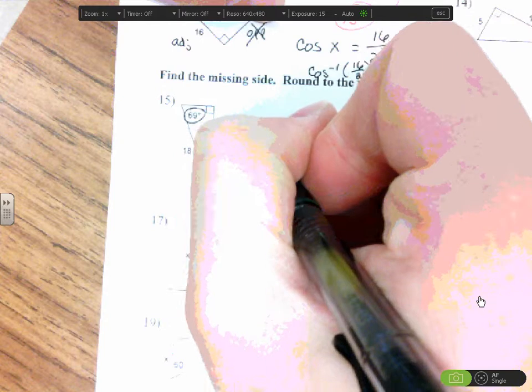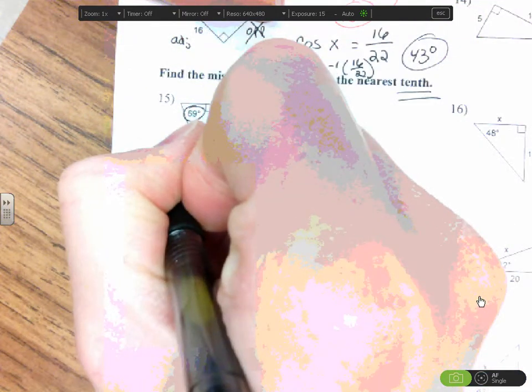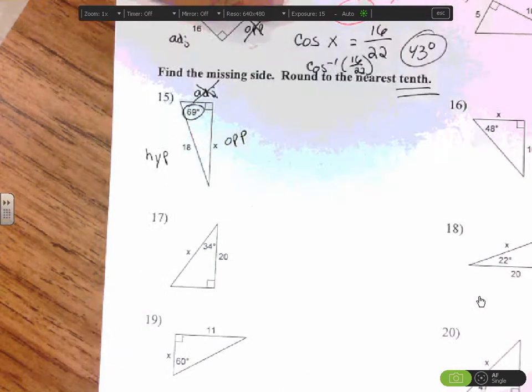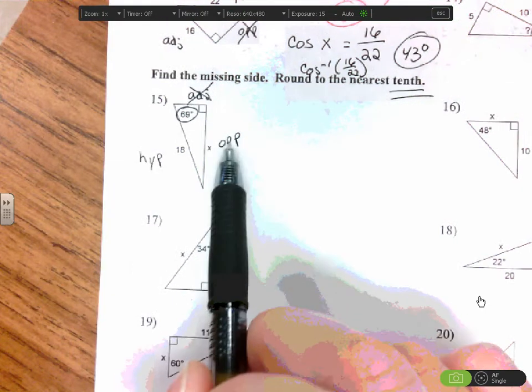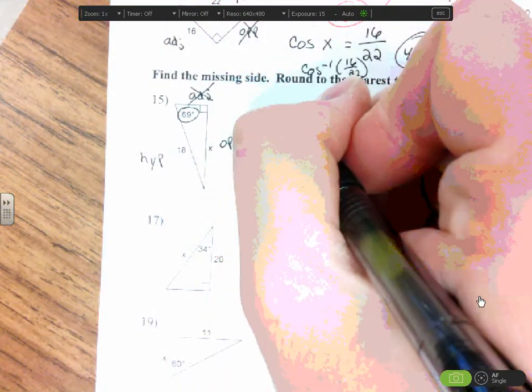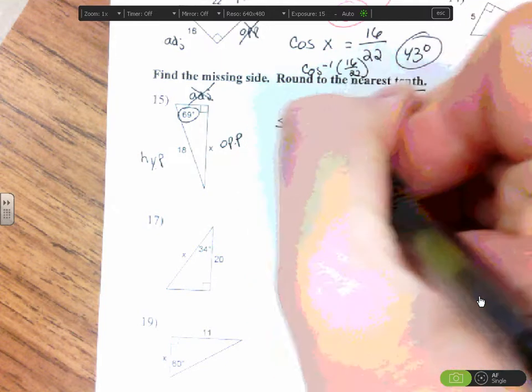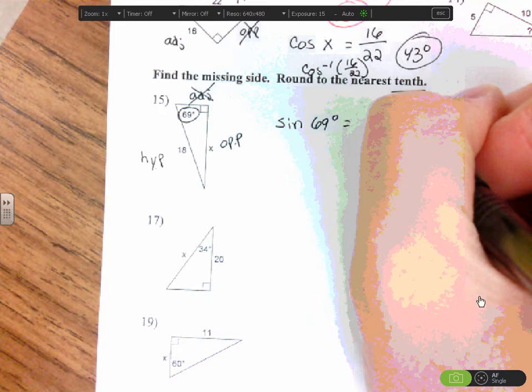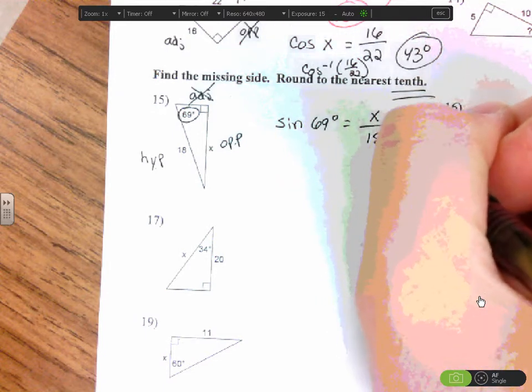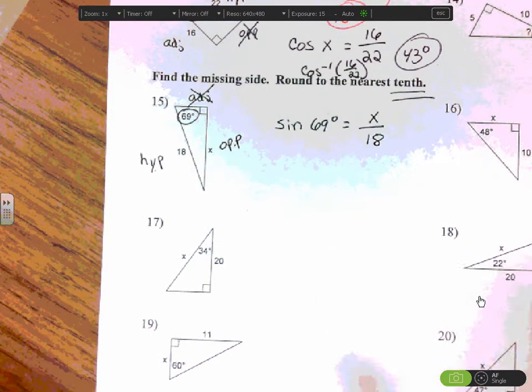And let's label. I think this would be my opposite side, and this would be my hypotenuse, which of course leaves this as adjacent, and I'm not going to use the adjacent. So which trig function would I use? Opposite hypotenuse, that's sine. So I write this equation. The sine of 69 degrees would be opposite x over 18.